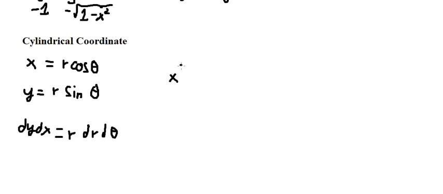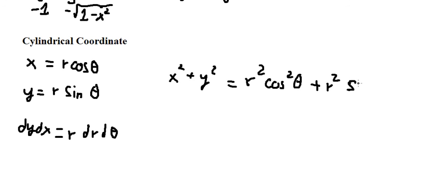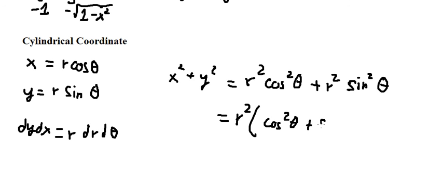We have x squared plus y squared, so we put these in here. And we have r squared cosine squared theta plus r squared sine squared theta. We have r squared and r squared, we can do factorization, and this one equals 1.